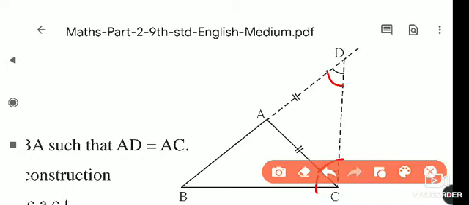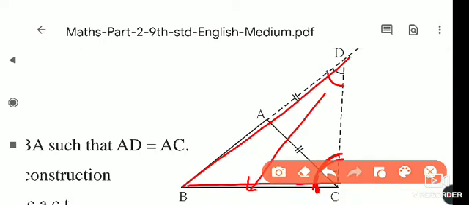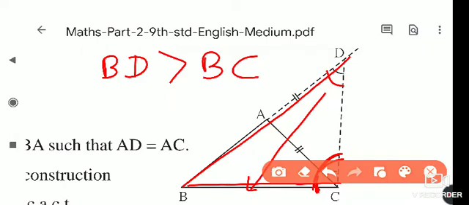Now if this angle BCD is greater, then BD, which is the side opposite to angle D's counterpart, is greater than BC. Yes, BD is greater than BC. Now BD means the sum of AB and AD.